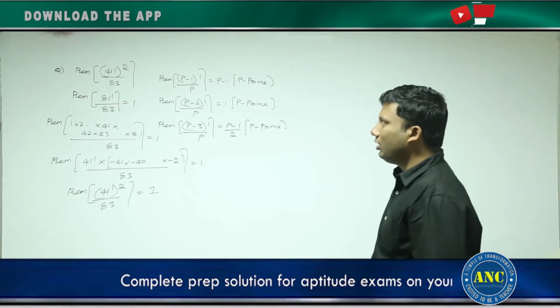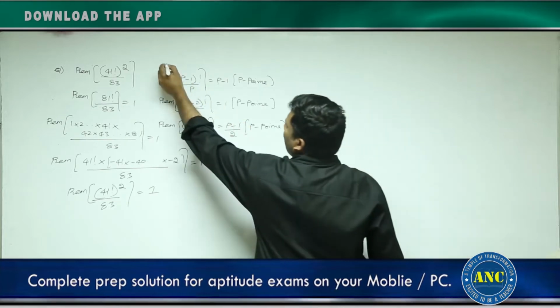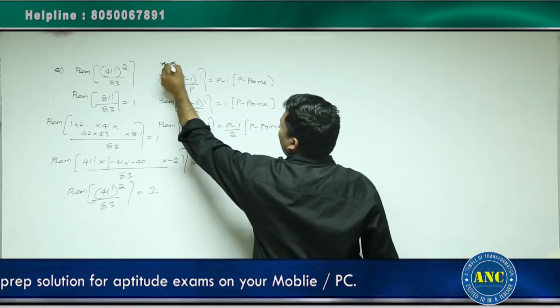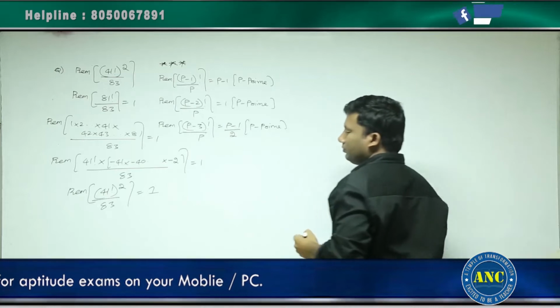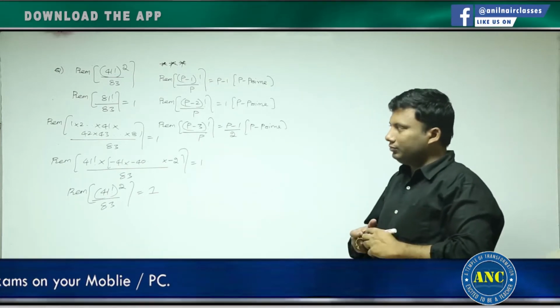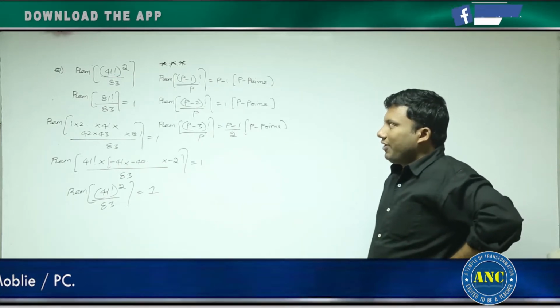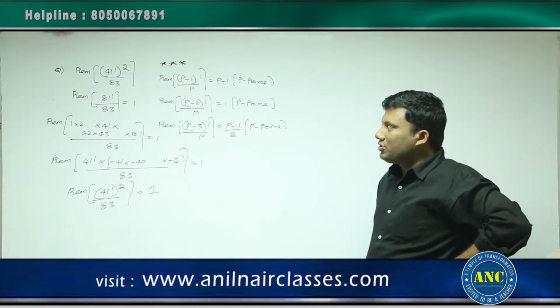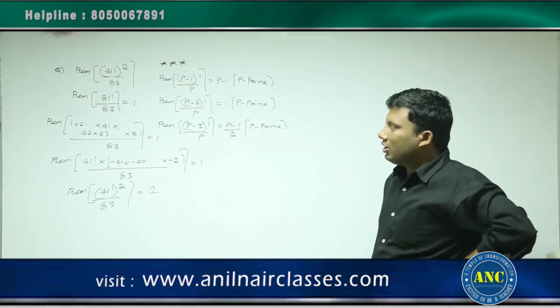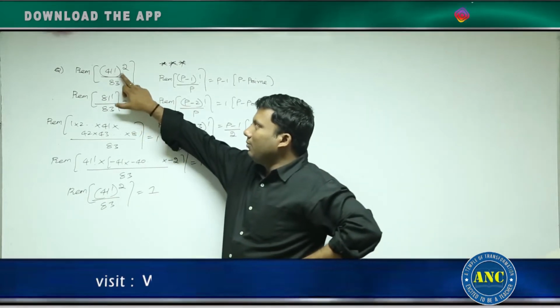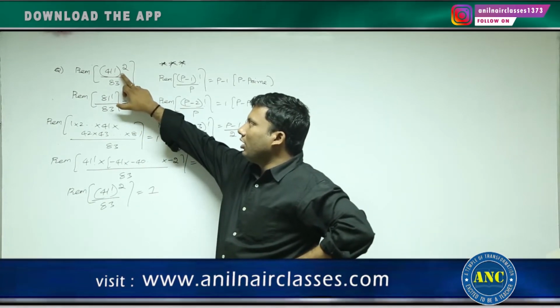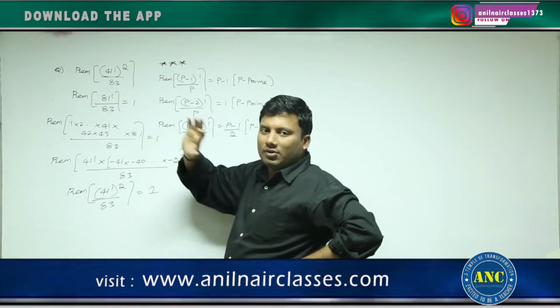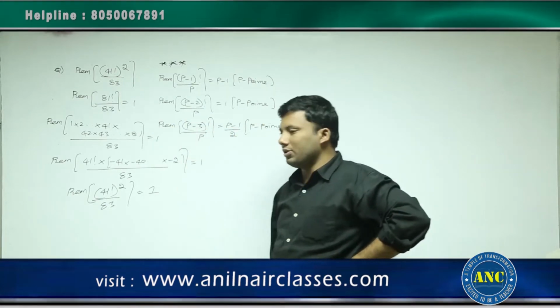41 factorial whole square divided by 83. These are some important key points. It is not always, please do not draw any conclusion that if it is (P minus 1) by 2 factorial whole square by P, it is always 1. No, it depends upon the question.